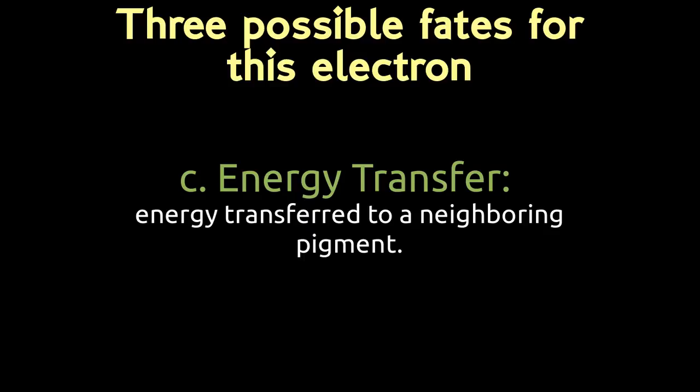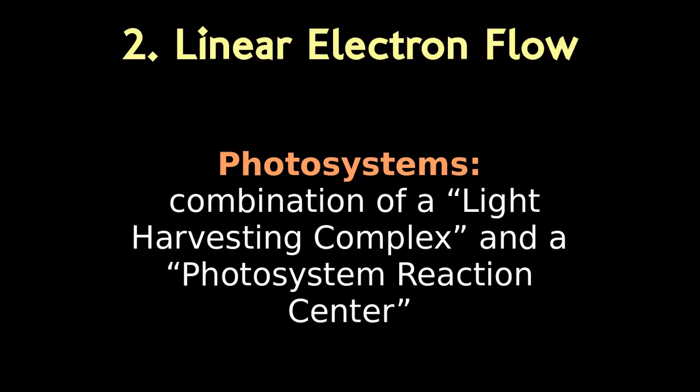So with this background in mind, we're going to start talking about the larger complex in which these pigments are sitting that allow the plant to collect the energy from light.